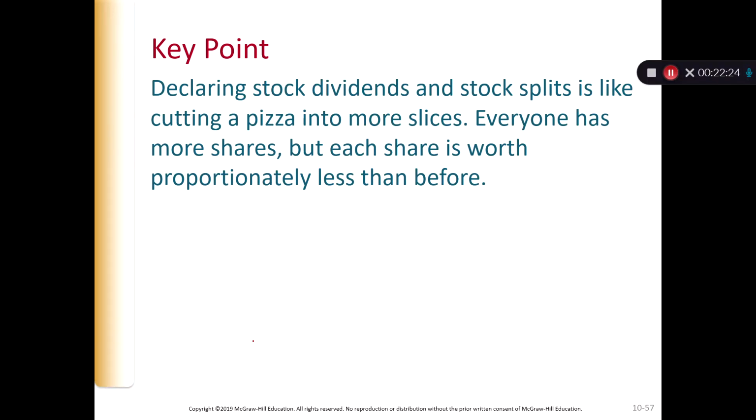So the key point I wanted to emphasize here is that declaring a stock dividend or stock split is like cutting a pizza into smaller slices. Everyone has more shares, but each share is worth less than before.